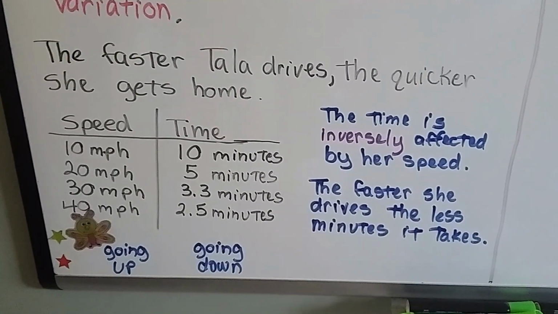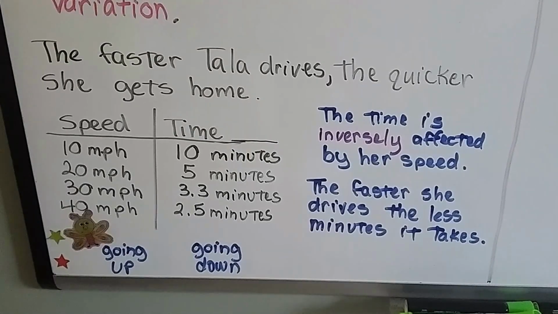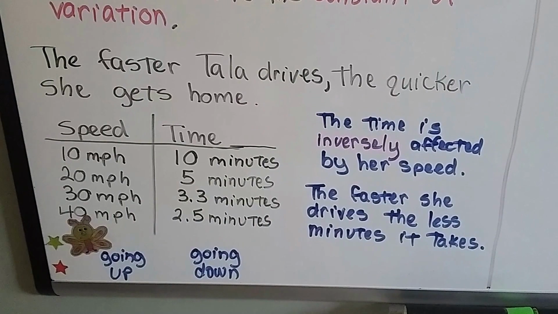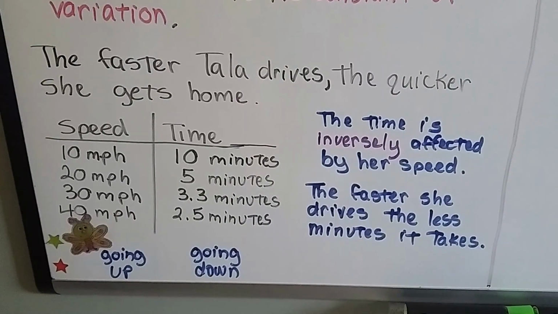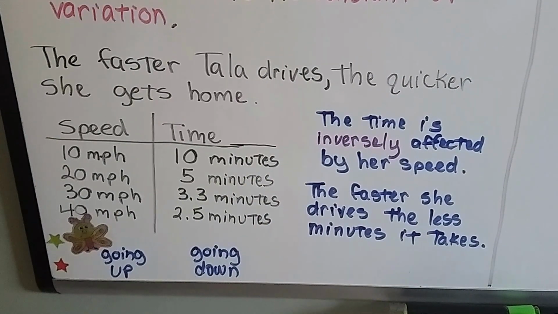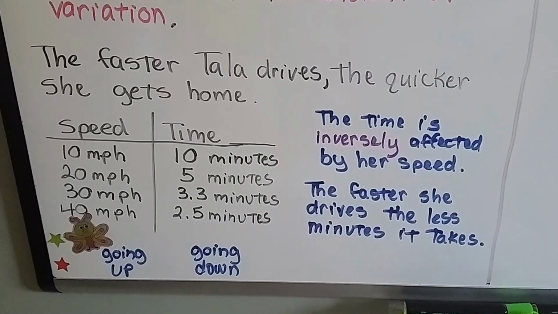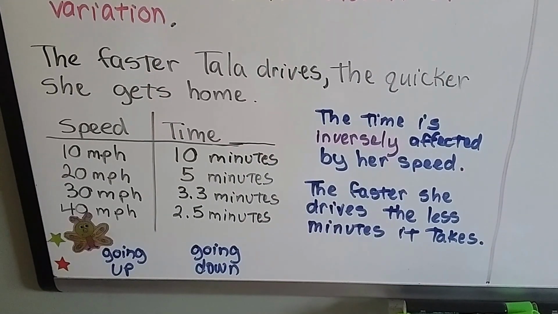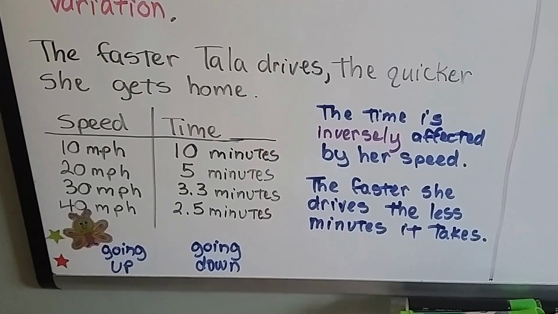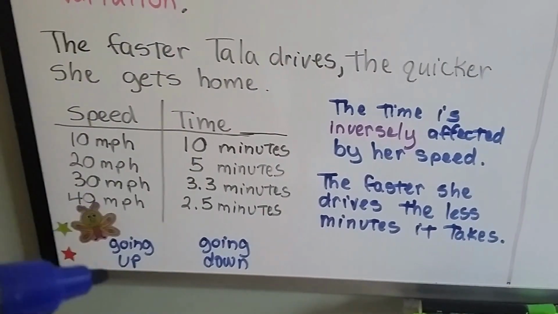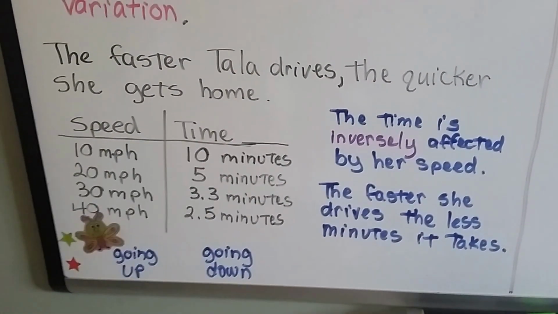Now, when we were doing direct variation, as she made money at her job, for every hour she worked, her money went up in proportion. In this, the more she speeds, the quicker she gets home. So it's going inversely, it's going the opposite. And the faster she drives, the fewer minutes it takes, okay? So as this speed is going up, this is going down, see?